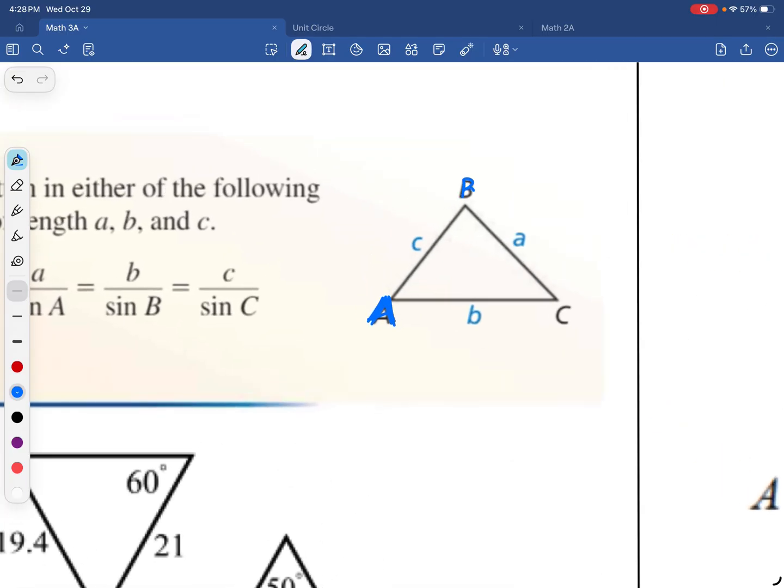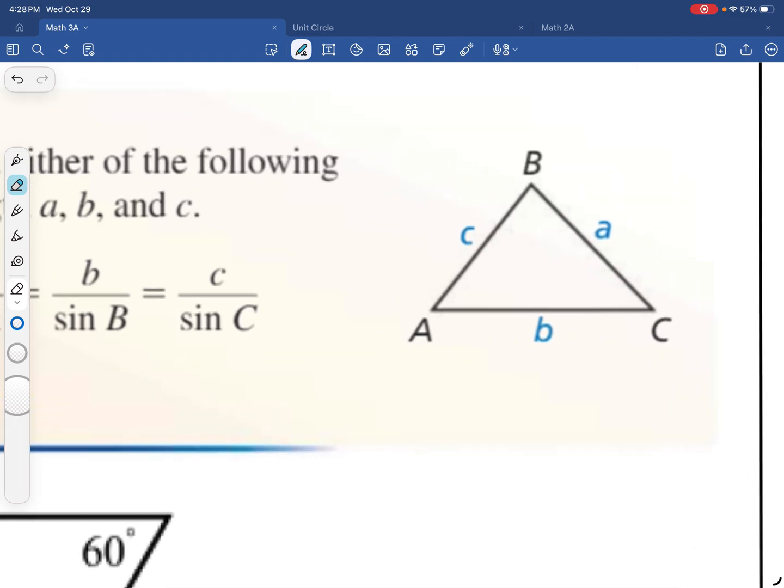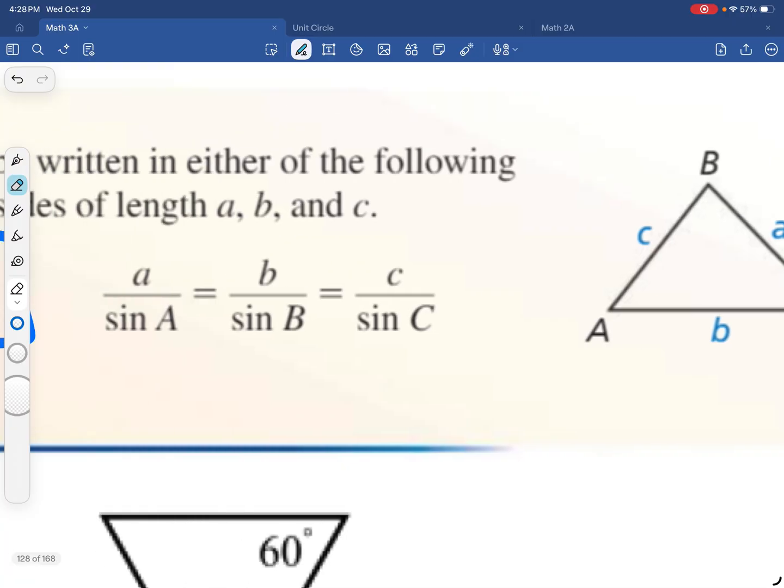So we have angle B, angle C. But the lowercase, like this is straight across from capital A, so the side is lowercase a. Straight across from capital B is lowercase b. And straight across from capital C is lowercase c.